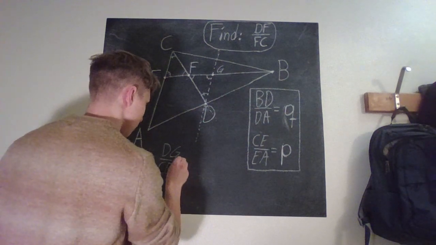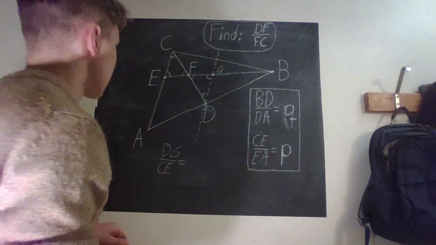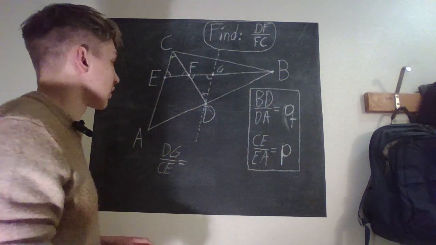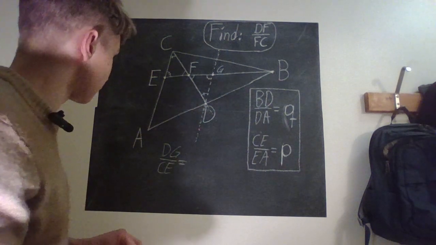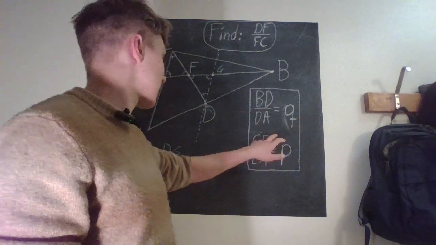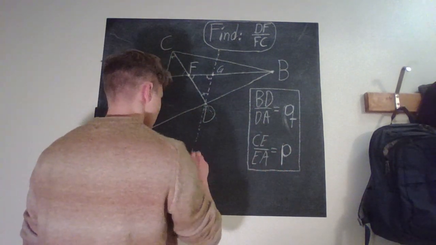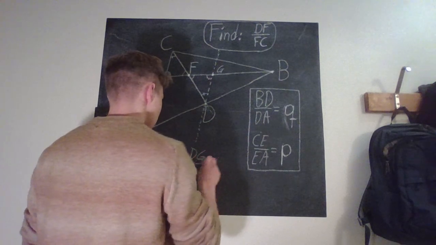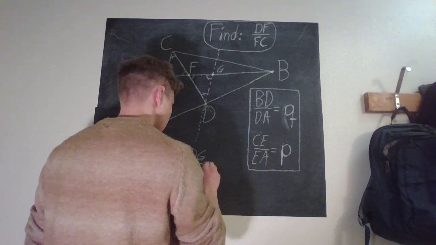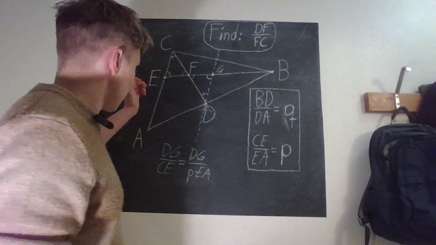And what I hope now to be able to do is express this solely in terms of P and Q. So, okay, CE, we can just exchange that to be EA times P. So, okay, DG over P times EA.